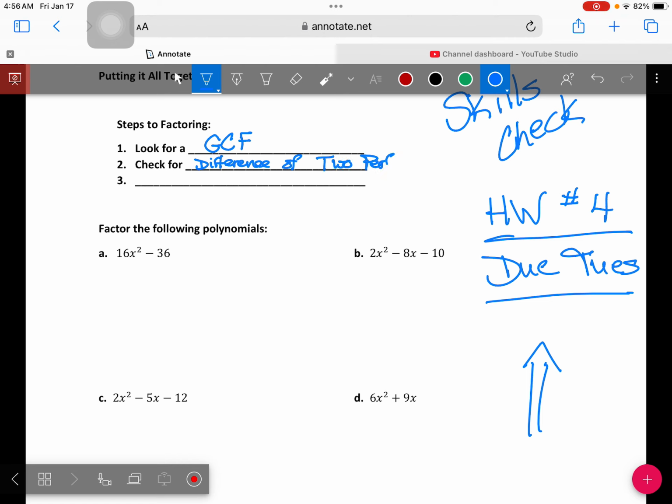And that's what we just learned about yesterday. That is my favorite form of factoring. And number 3, if you have 3 terms, then you are going to use X box.